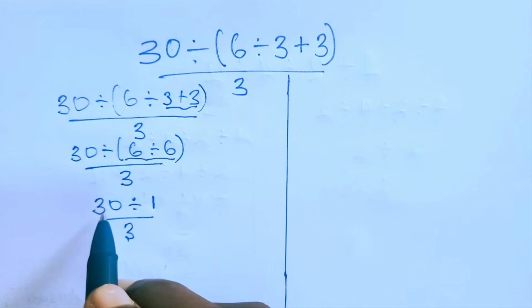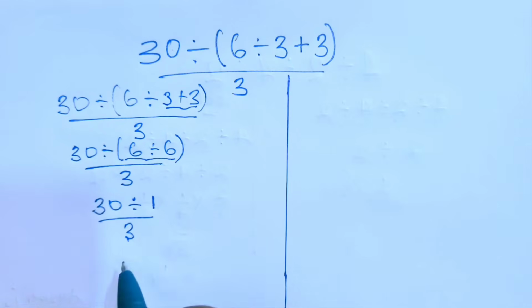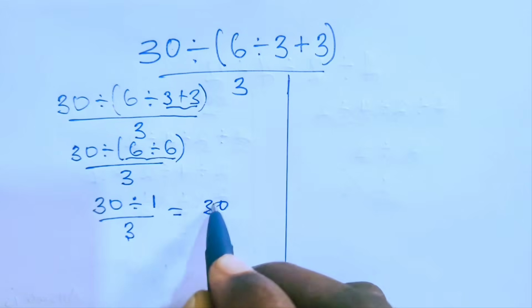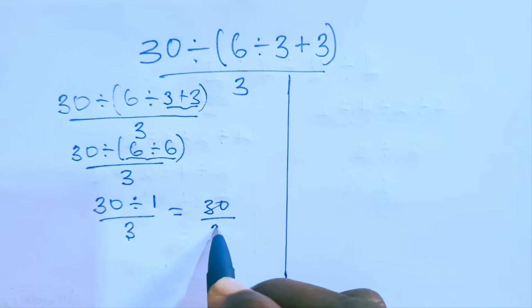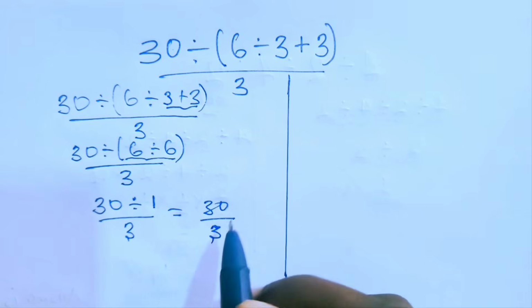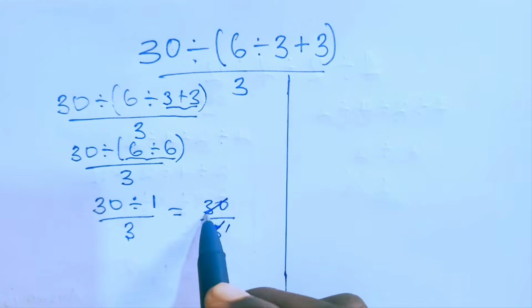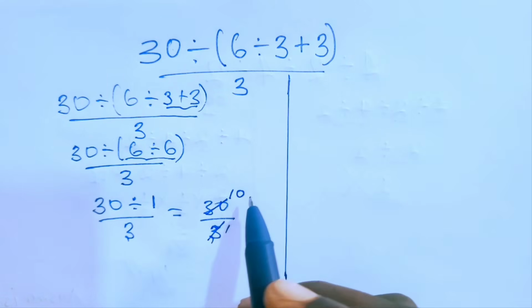Now here in the numerator, we have 30 divided by 1, that will give us 30 divided by 3. Then 3 into 30, that gives us 10.